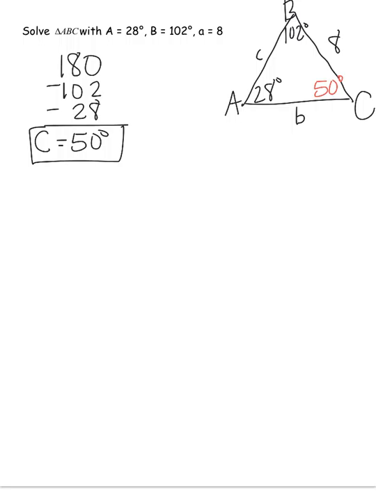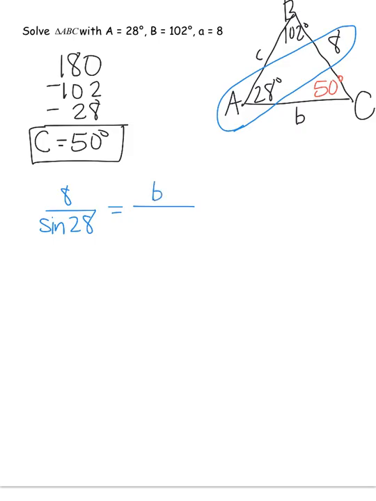Okay, so we're going to take our fraction that we know both pieces for, which in this problem is A, and we'll set that up. We'll know 8 over the sine of 28. And again, one at a time, we're going to pick one fraction where we know the angle but don't know the side. So let's go alphabetically again.